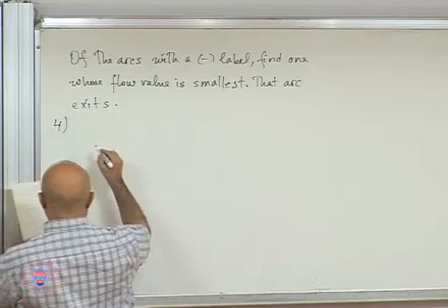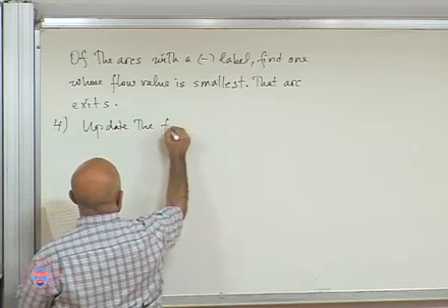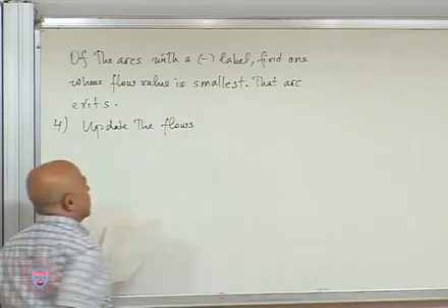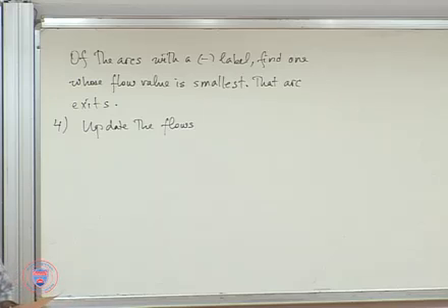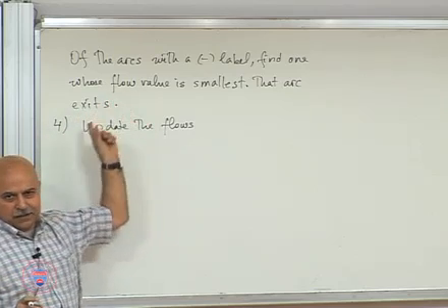4. Update the flows. How do you update the flows? I'm not going to give too much elaboration on that. You increase all the plus labeled arcs by the same amount, which is the amount defined by the flow value of the exiting arc.